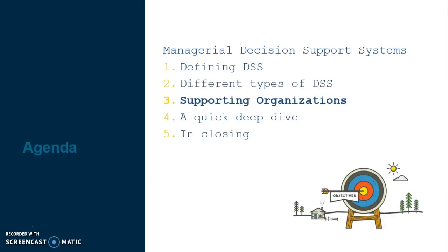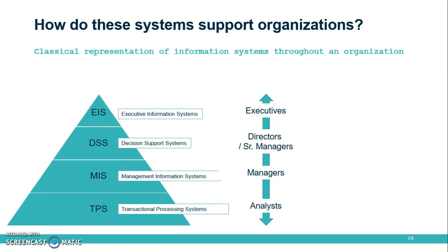How DSS supports organizations. A classical structure, representation of information systems throughout an organization is something that you'll see below, which comes up anytime DSS is searched on. It breaks out the different IS or information systems across an organization from an executive level through a transactional processing system and how they're used throughout the varying levels.